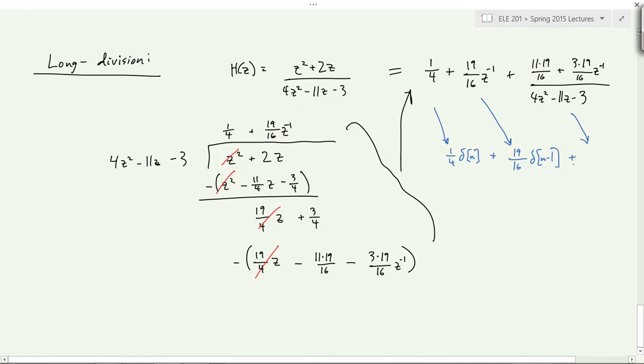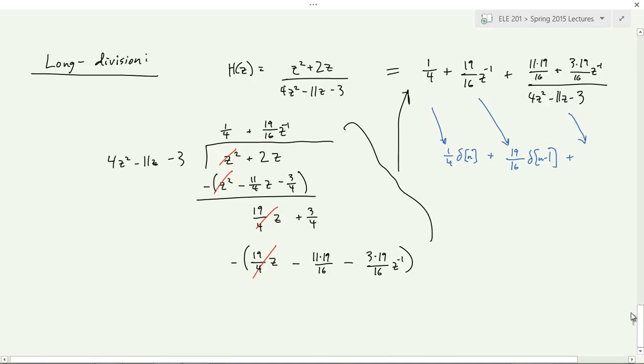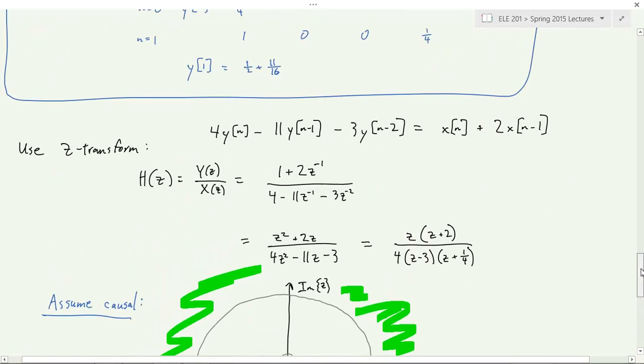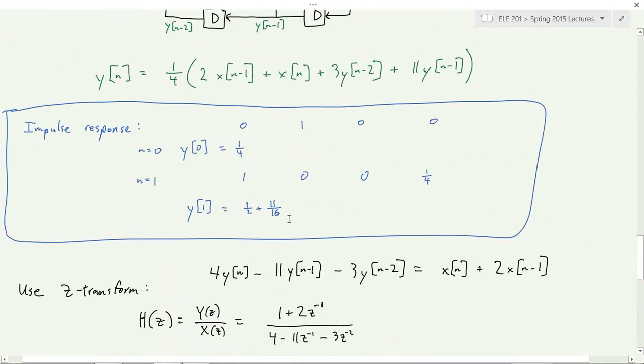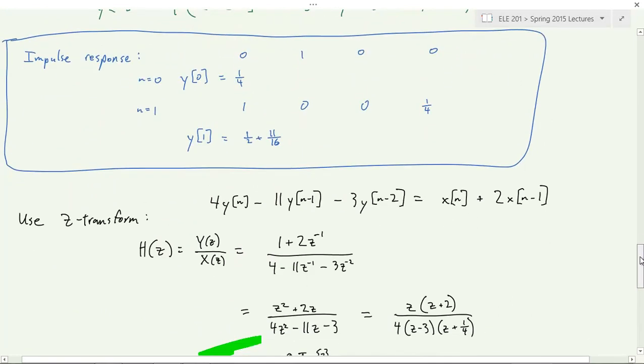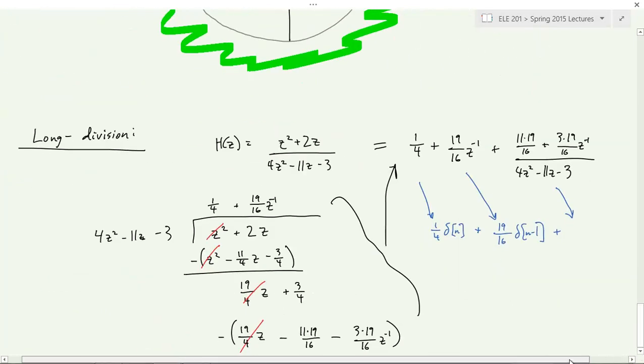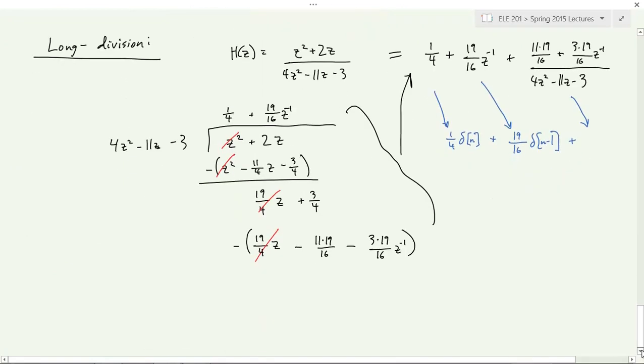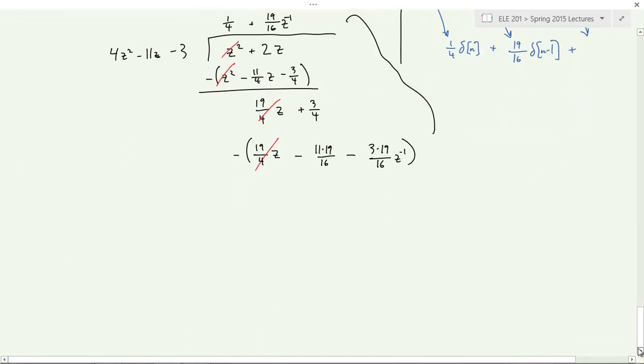So what I've done by this long division is find out that this is the value of the impulse response at time 0, and this is the value at time 1. I could have found as many as I wanted. I could just continue the long division. This actually is the same as what we were doing up here, and in fact, we should get the same answer. If you add those together, you get 19/16. Not necessarily any easier, but this is a way to get out values of the impulse response one at a time directly from the Z transform.